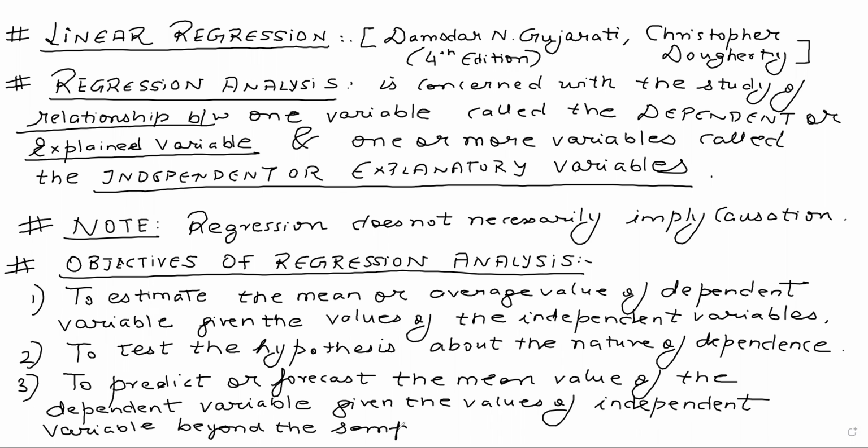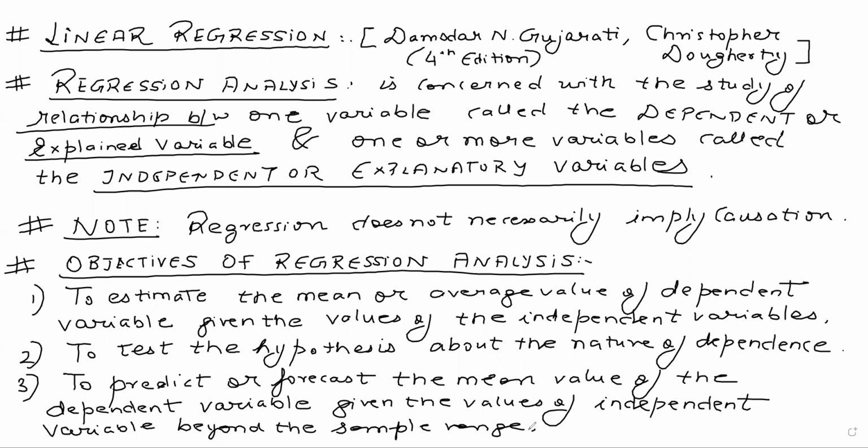Now guys, what does the last point mean? The last point means regression will also allow us to extrapolate. I hope students have heard this term before, extrapolation. Extrapolation means it will allow us to forecast what will be the value of the variable in the future based on the past trend.